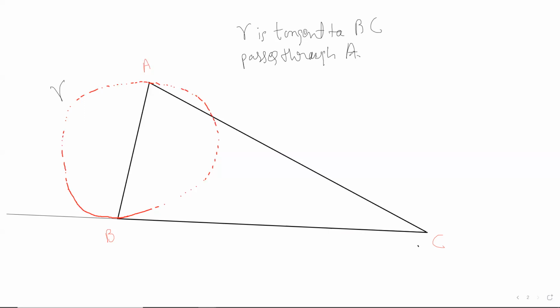Is there a unique circle? Yes, sir. Why? Sir, only a unique circle can pass through three non-collinear points. But where is the third point? Sir, on the triangle only.